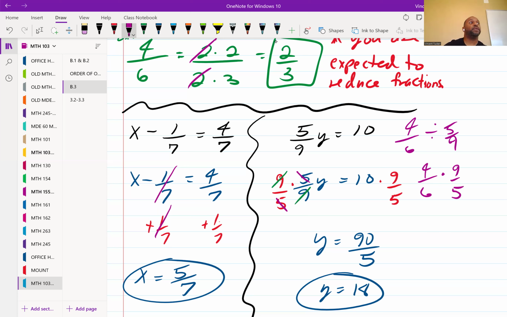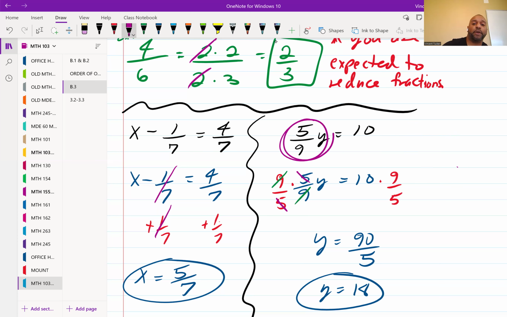So that's where that comes from. And so that's what we're doing right there. We just skip that part and multiply by the reciprocal. So whenever you have a fraction sitting in front of your variable like that, just multiply by that fraction flip. And you notice how it cancels out. And so that's what we wanted to happen.